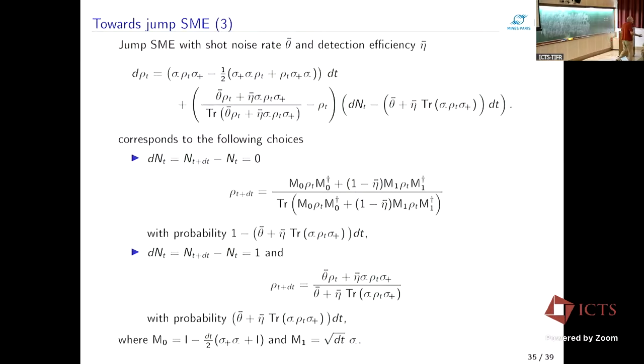But here you take into account dark counts and detection efficiency, and you have here your update. And from this, of course, dt is very small, so you have neglected higher order terms in dt. Which means that if I take the trace of this guy and the trace of this guy times dt, the sum is not exactly 1, but it is up to higher order.